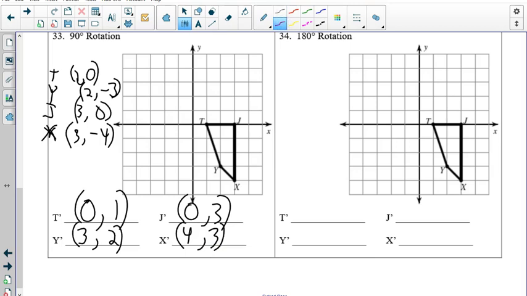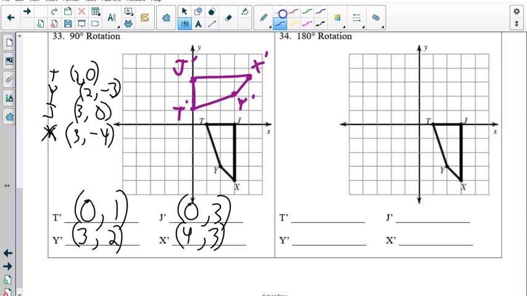So now let's plot that. 0, 1, 3, 2, 0, 3, and 4, 3. There we go. So this is T prime, this is Y prime, X prime, and J prime.